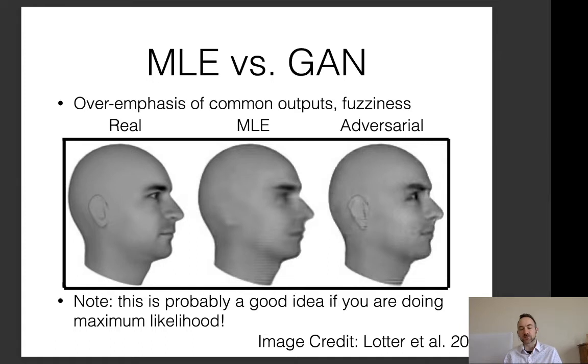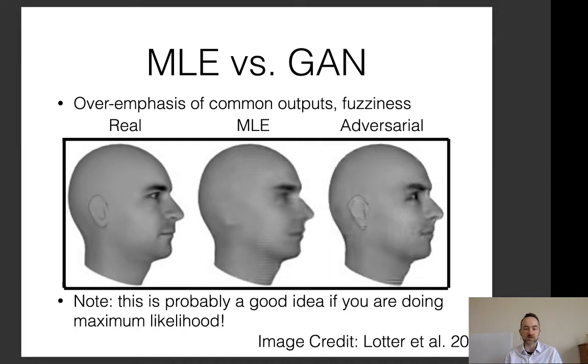The reason for this, and this is not just for images, it's for text as well, is that maximum likelihood estimation is trying to find outputs that are safe and will maximize the likelihood. It wouldn't want to make any hard decisions that would cause it to rule out any plausible outputs.